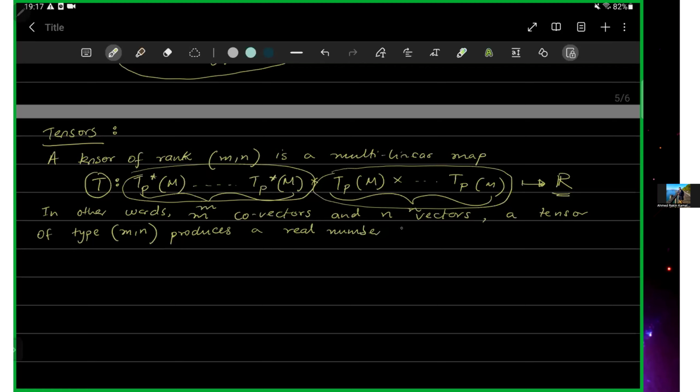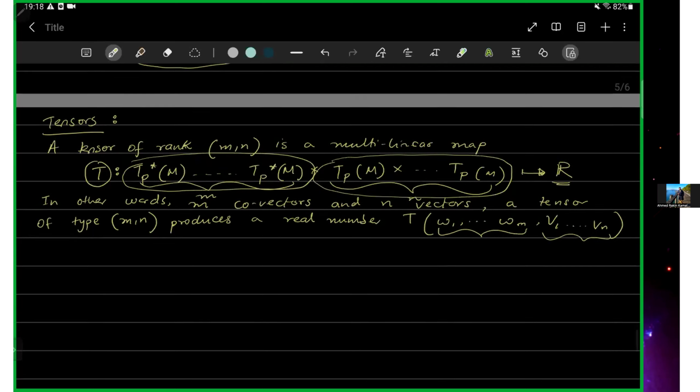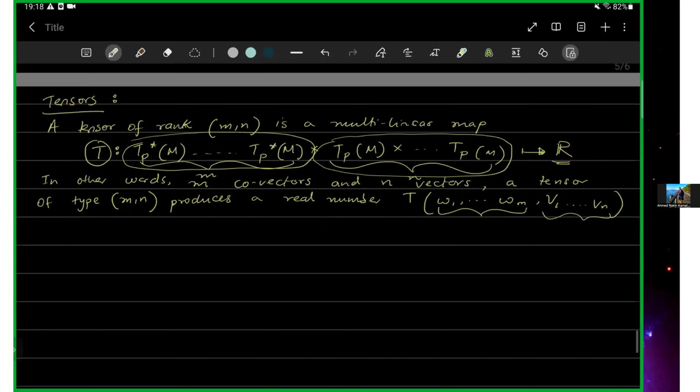So the real number you can write as something like this, that goes up to m, and v goes up to n. So remember these notations from last class. We wrote the covectors with omegas and the vectors with v, right? So that means a tensor can heuristically have all components of a covector and all components of a vector, right?